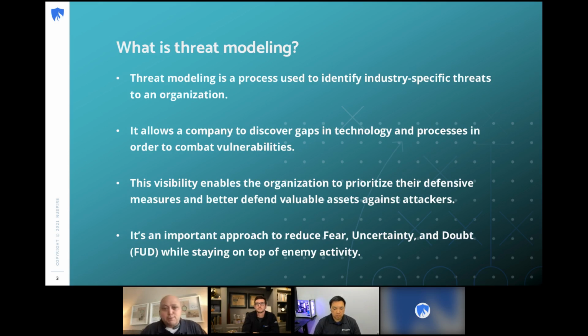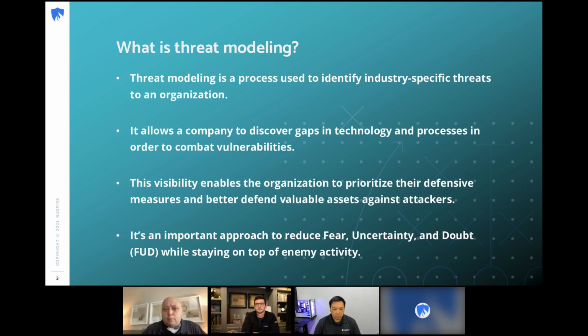And the reality is most organizations can only be good at a few things and only be really, really good at an even shorter list of controls and defenses. And so understanding who the enemy is, how they operate, helps answer that question of how should we prioritize our spend, which we're going to talk about a little bit later.